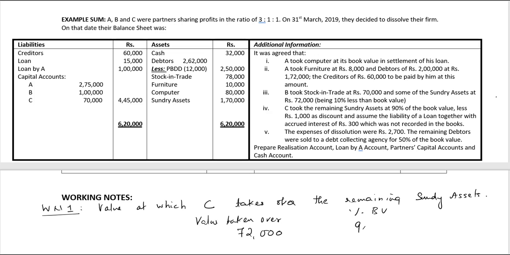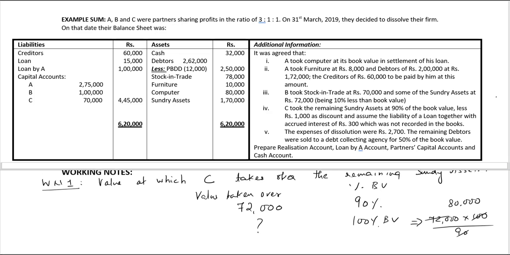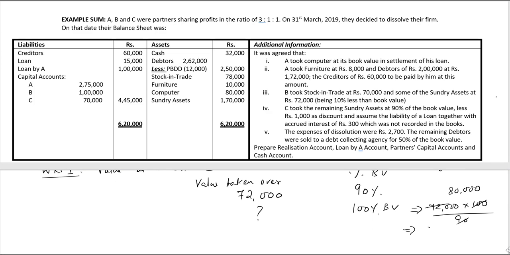So it's 90% of book value. Then what is 100% of book value, or the book value itself? 72,000 multiplied by 100 divided by 90. 80,000 rupees is the book value of sundry assets which is taken over by partner B.